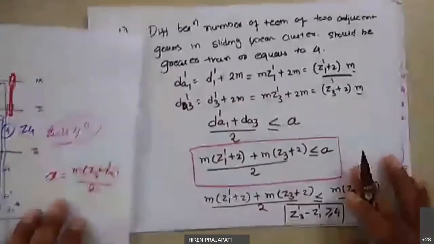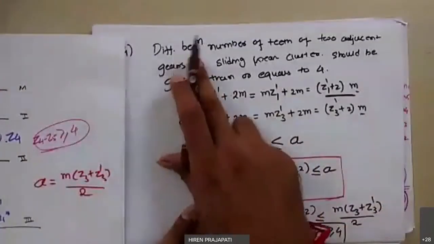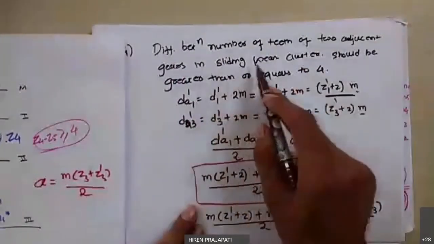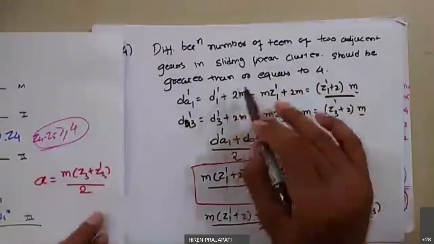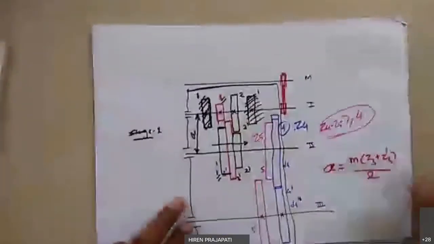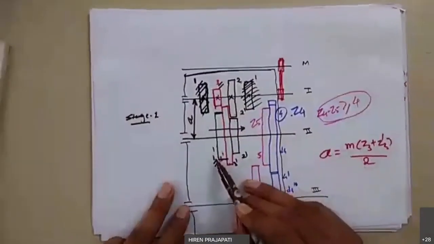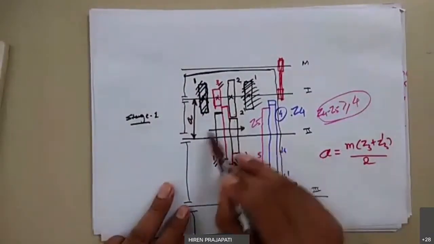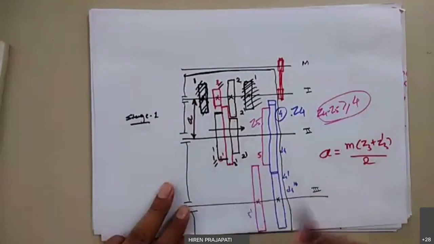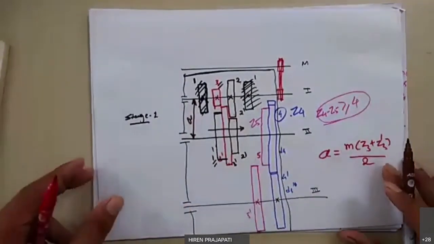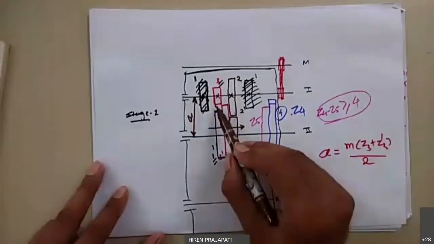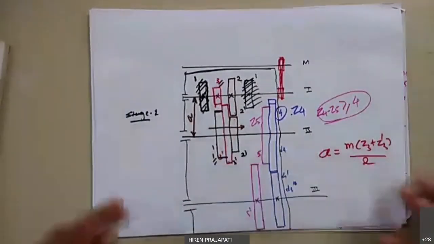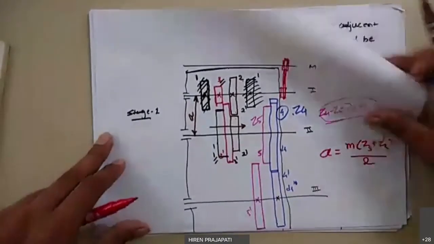I'm leaving it to you to solve this equation. So this is our condition: the difference between the number of teeth of two adjacent gears in a sliding gear cluster should be greater than or equal to 4. In this gear cluster, 1 dash and 3 dash are the adjacent gears, so the difference between these two should be greater than or equal to 4. Then whenever you slide the gear cluster, they will not obstruct each other, right? So I hope this condition is clear.